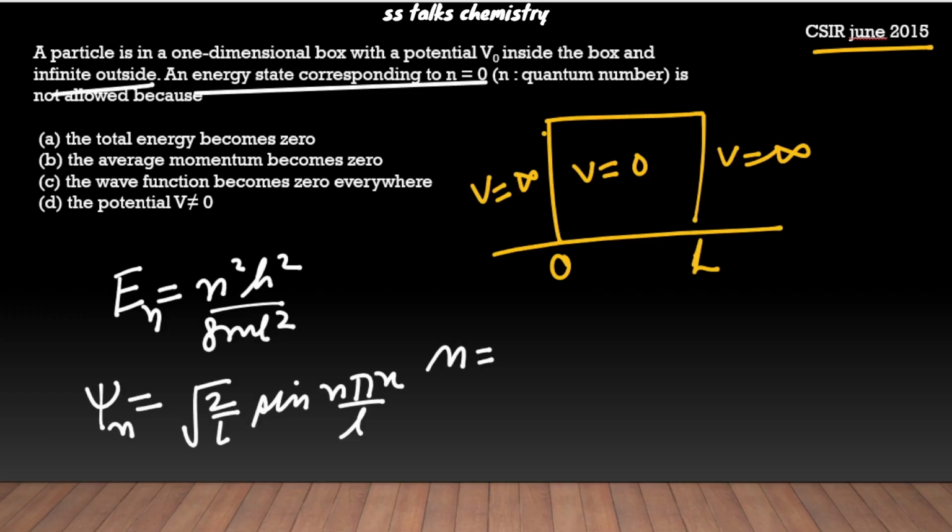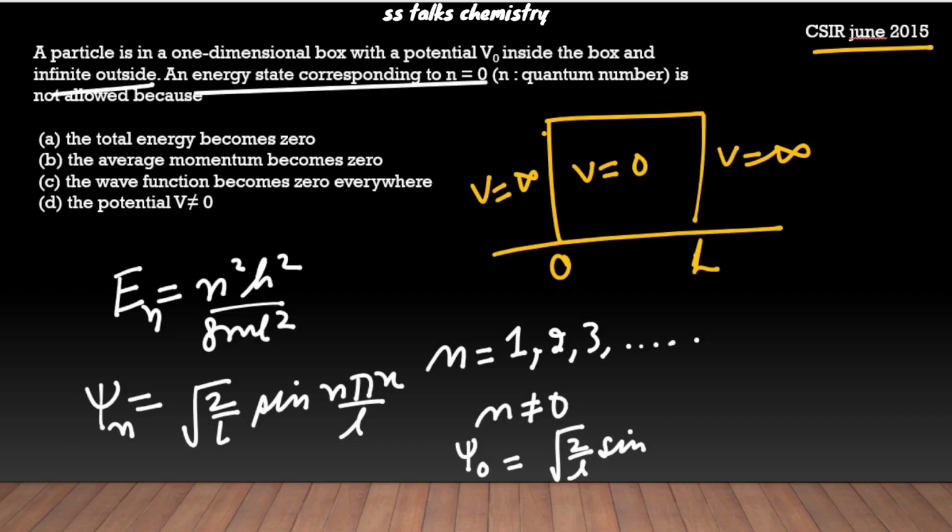In this we say that the n value starts from 1, 2, 3, like this going to the higher levels. N value is not equal to 0. Reason for that is because if you take the n value as 0, psi 0 you will have root of 2 by L into the sine of 0 pi x upon L.